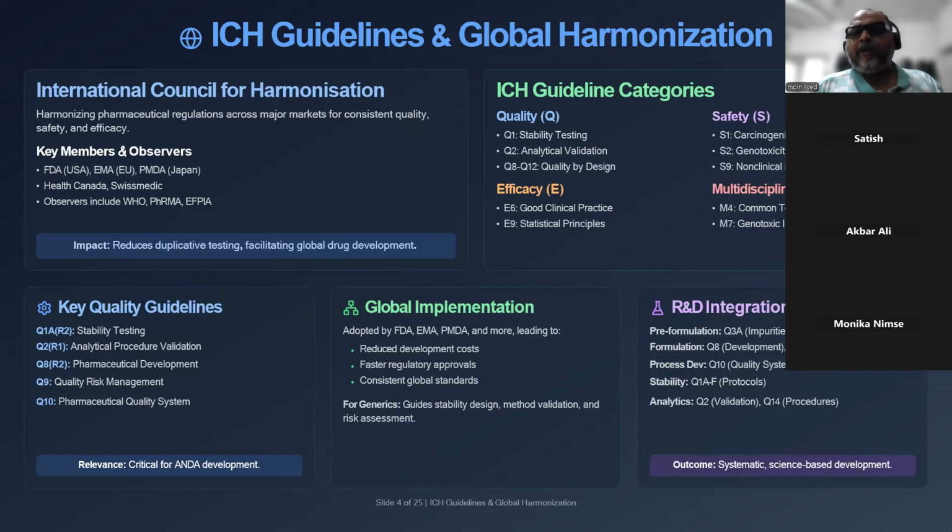Q9 quality risk management is important for R&D as well as production and QA people. And Q10 is more important for the quality people, but again important for R&D people.